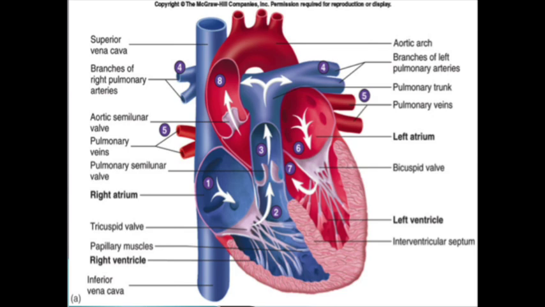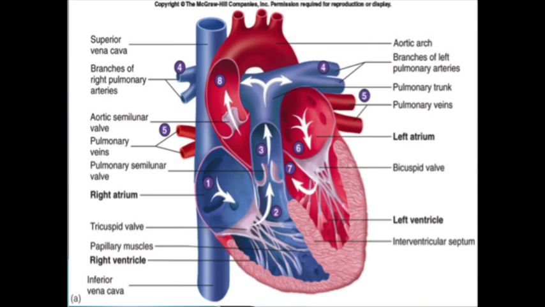into the right atrium by the help of the largest veins, the superior vena cava and the inferior vena cava. The superior vena cava collects blood from the upper part of the body, and the inferior vena cava collects blood from the lower part of the body. After that, the blood must pass through the tricuspid valve, which separates the right atrium from the right ventricle.